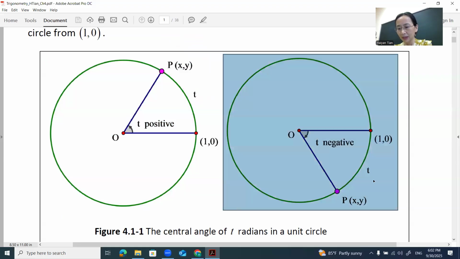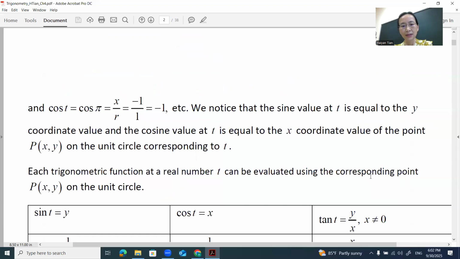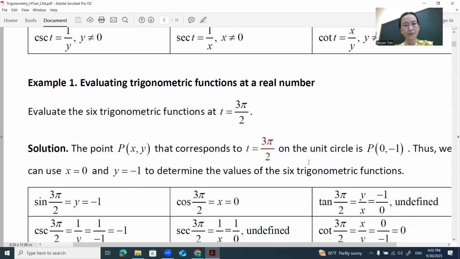Now we evaluate the six trigonometric functions at this t. This t is 3 pi over 2.